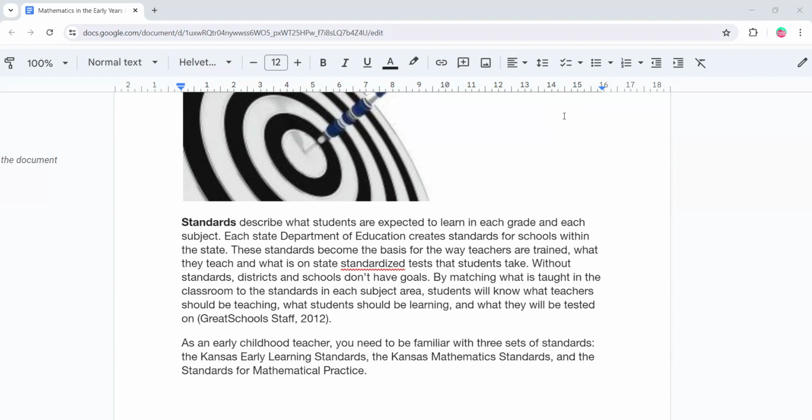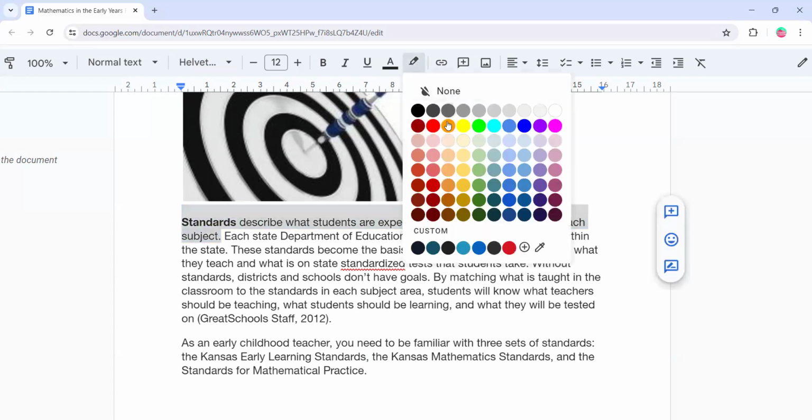Without standards, districts and schools don't have goals. By matching what is taught in the classroom to the standards in each subject area, students will know what teachers should be teaching, what students should be learning, and what will be tested on. So what is a standard?